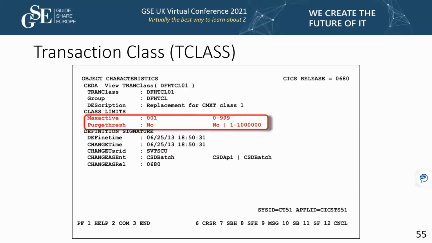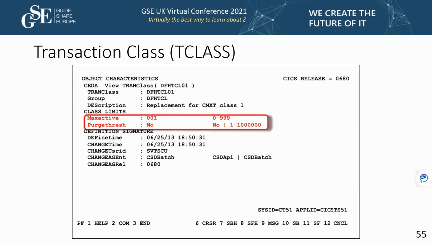So when you look at T-class, you'll notice that you can set the max active. The max active says how many you can run at a given time. And again, this is from an older release of CICS, but it's still true today. There's a max active value, which you set to 1 or 5, and that's how many you can run. But then there's this purge threshold. And notice I have purge threshold set to 0.